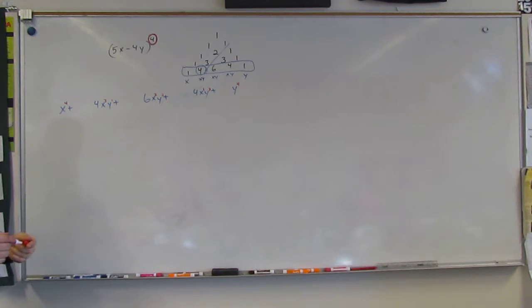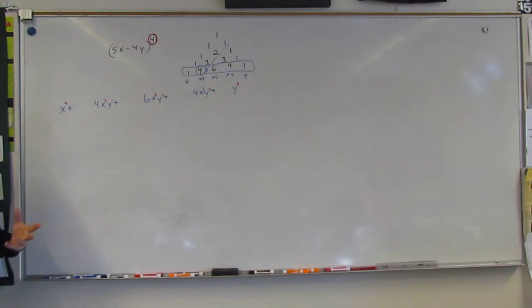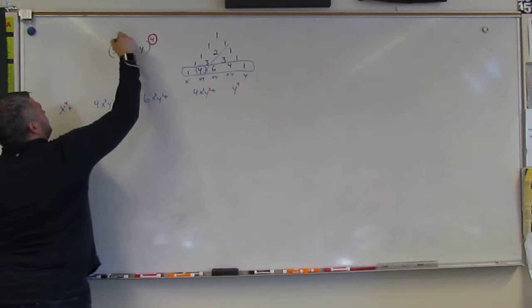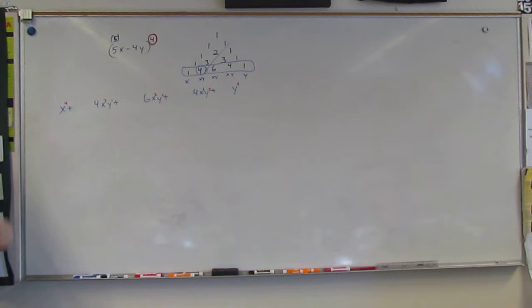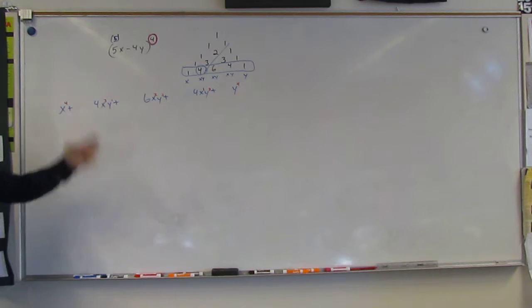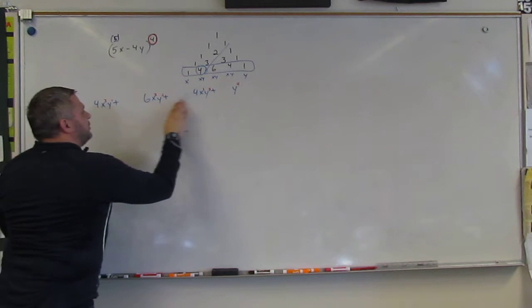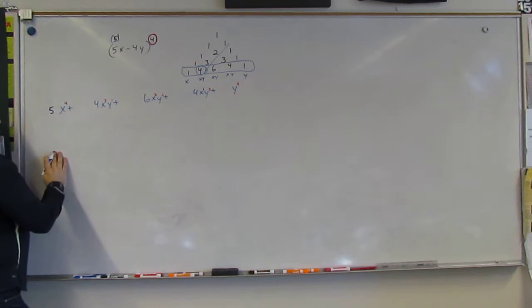Okay? Now, that's a lot, but we're still not done. Because now we want to look at the x's. The x's have a 5 tied to them, right? There's a 5 tied to this x. So everywhere you see an x, you're going to write a 5. So there's an x here, so I'm going to put a 5.